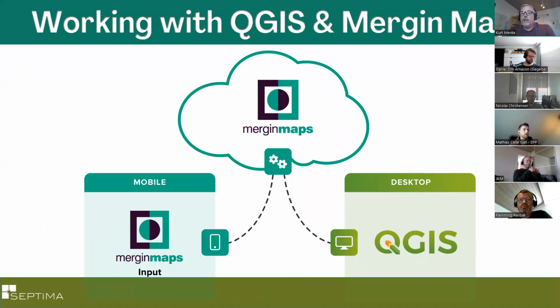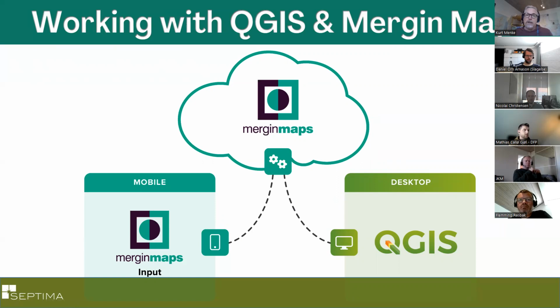When you're working with the Mergin Maps platform, most of the work initially, like today, is going to be done in QGIS, setting up a project from scratch that we're going to use to collect data for trees. So you set up your project in QGIS. You can, of course, use an existing QGIS project as well.